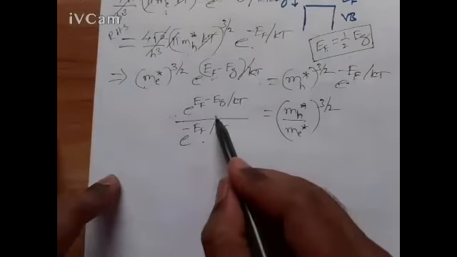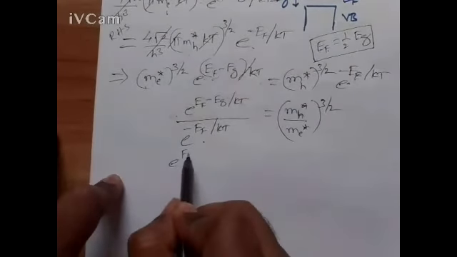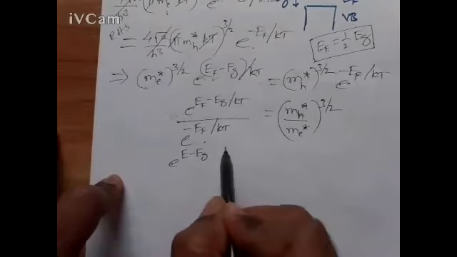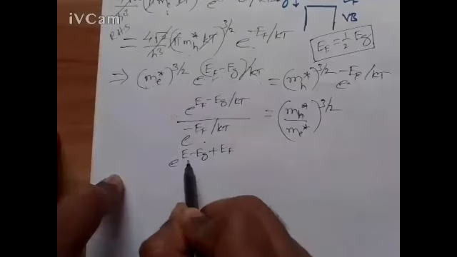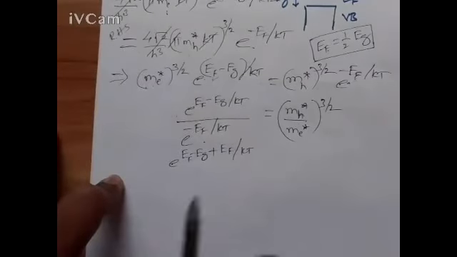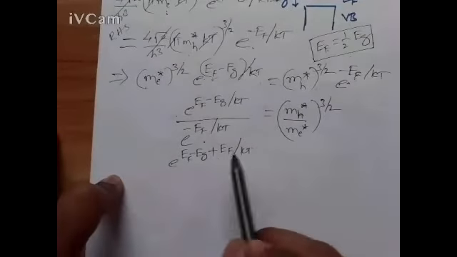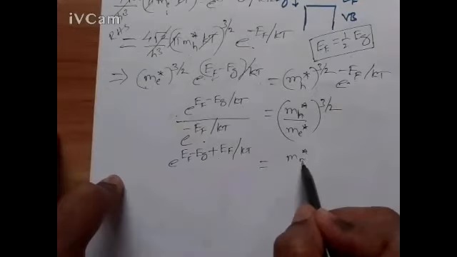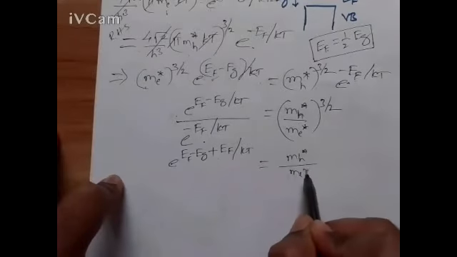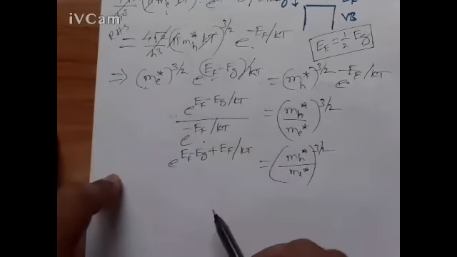It will be e to the power EF minus Eg, plus EF, divided by kT. When I take this to the numerator, it will become positive, is equal to mh star divided by me star to the power 3 by 2. This is as it is.